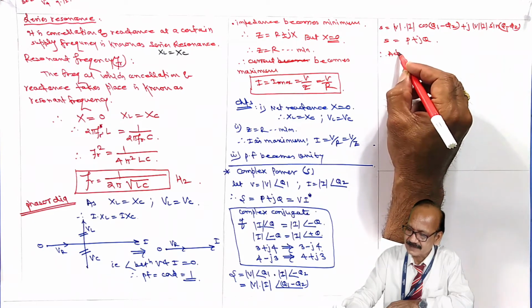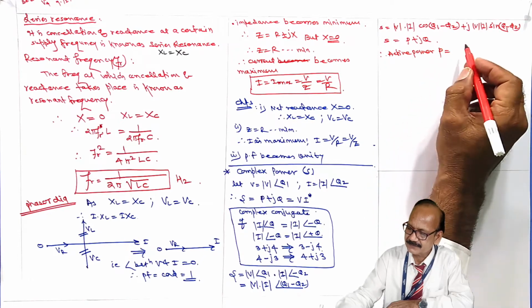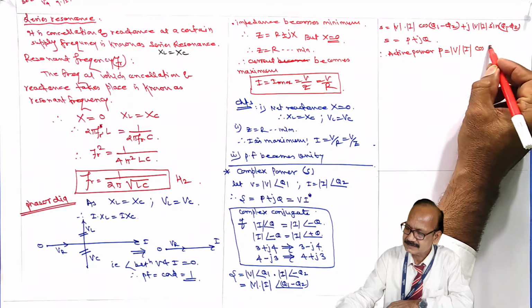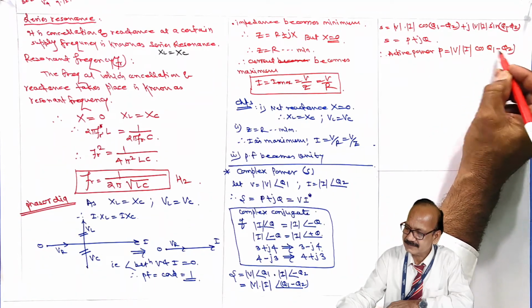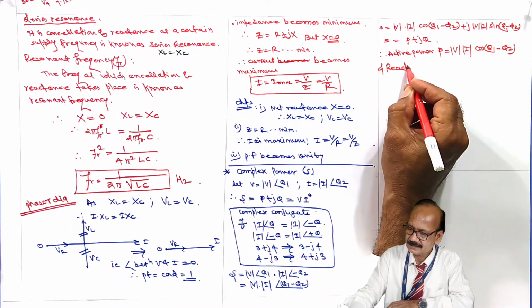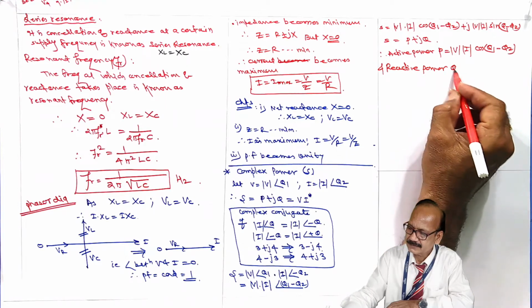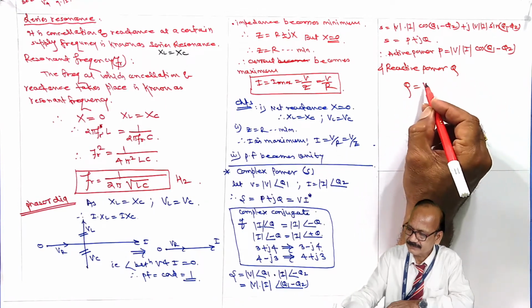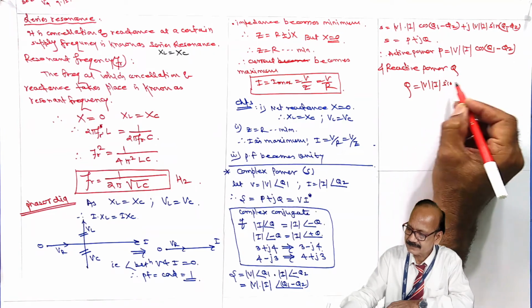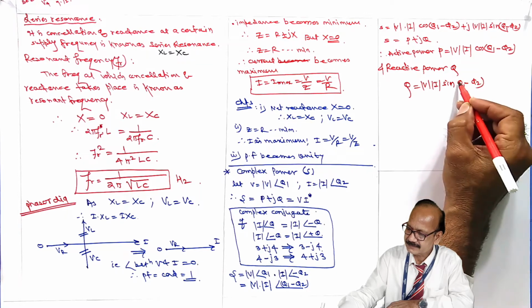Therefore, active power P equal to phi I cos of theta 1 minus theta 2, and reactive power Q equal to phi I sine of theta 1 minus theta 2.